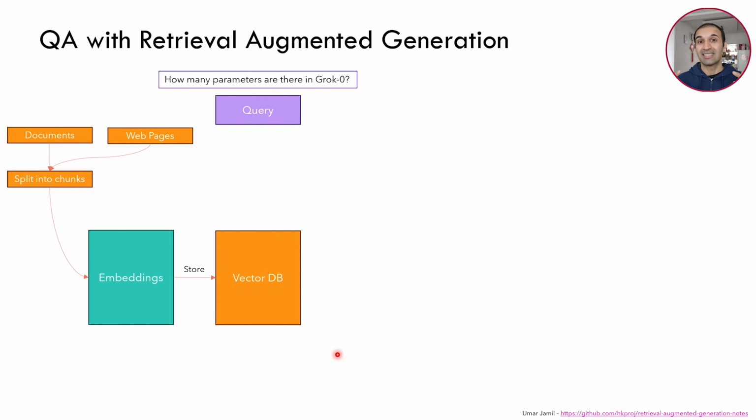Then we store all of these embeddings into a vector database, and later we will see how these embeddings and the vector database work. Then we also take the query, which is a sentence, and we convert it into an embedding using the same model that we have used to convert the documents into embeddings.